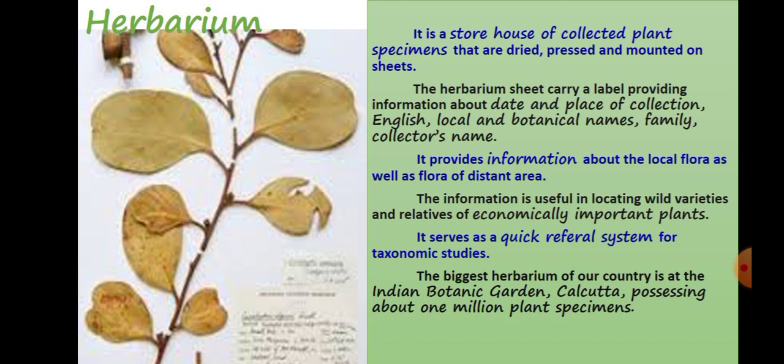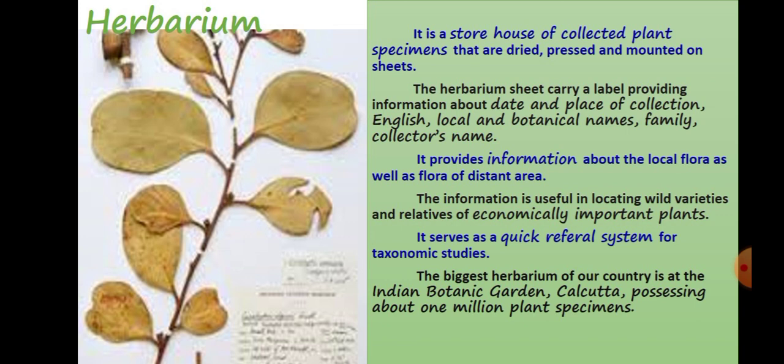According to a universally accepted system of classification. These specimens along with their descriptions on herbarium sheets become a storehouse or a repository for future use. You can use it anytime in future, whenever required, as a source.